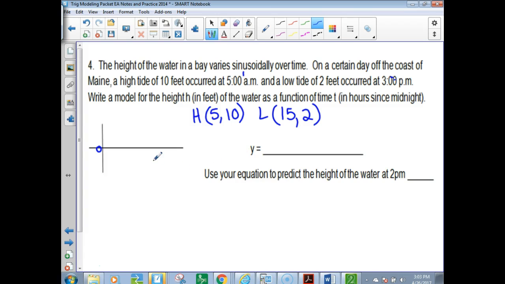All right. Now, what you were thinking of is how far apart are these times? So half a wave, half a cycle, is occurring going from the max to the min in 10 hours. So that means if from here to here is 10 hours, then a full cycle, or the period, would be how many hours?